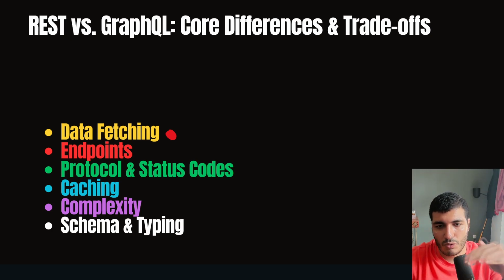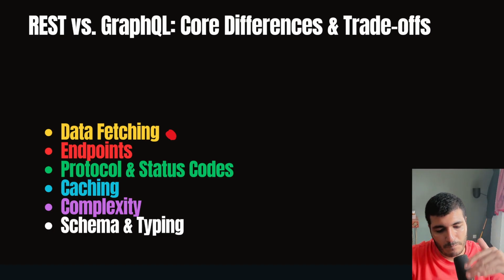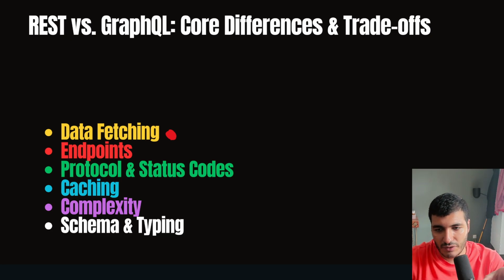This leads to overfetching, like getting a full user profile when only the name is needed, or underfetching, basically needing to make one request for the user and another one for the orders. We have GraphQL, which is client-driven. Clients precisely specify needed fields in a single query, which solves overfetching and underfetching, and reduces round trips.